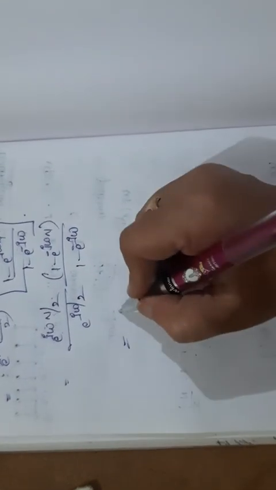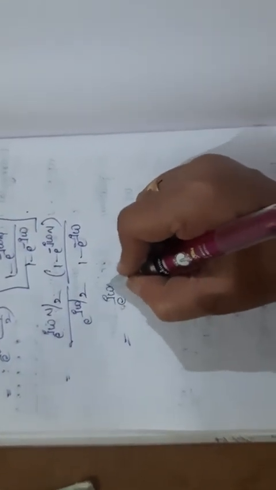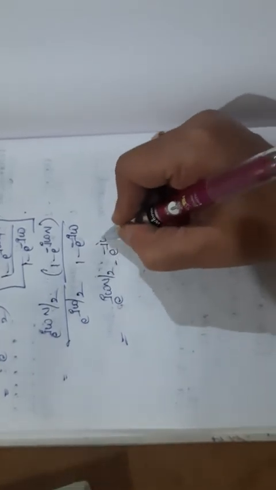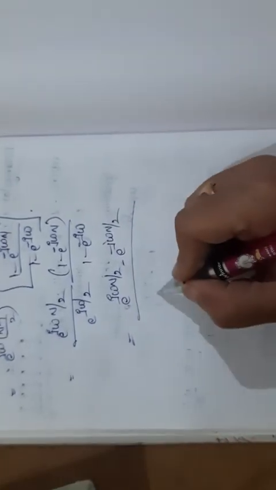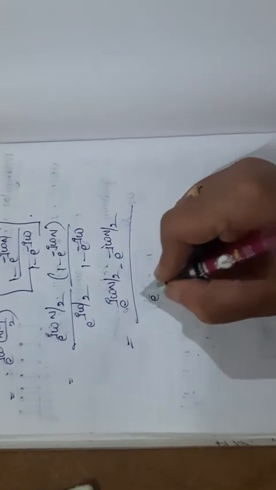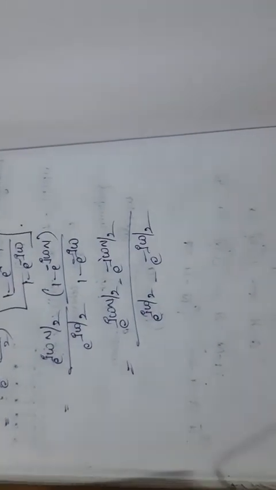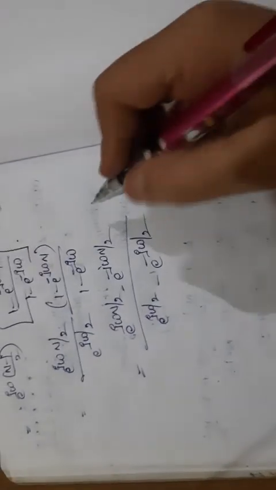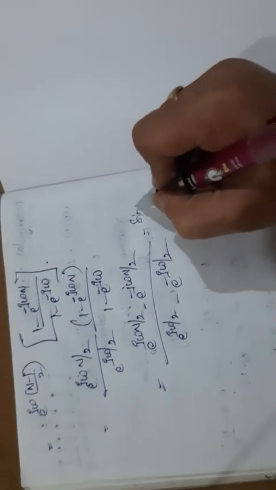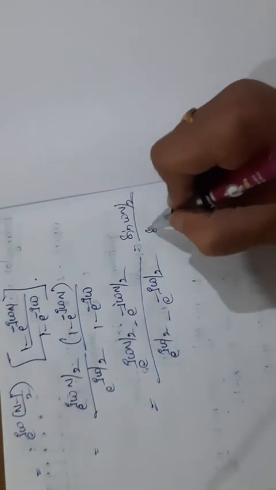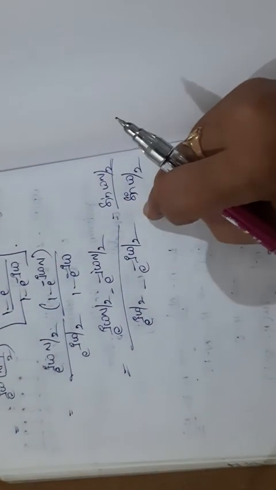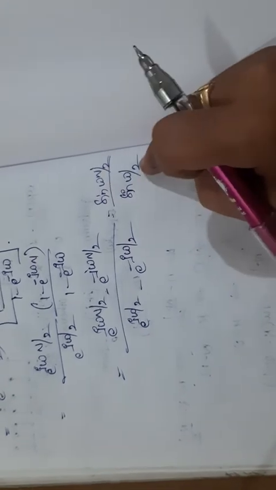After simplification, I get (e^{jωN/2} - e^{-jωN/2}) divided by (e^{jω/2} - e^{-jω/2}). e^{jθ} - e^{-jθ} can be written as 2j sin θ. The 2j cancels, giving sin(ωN/2) / sin(ω/2).